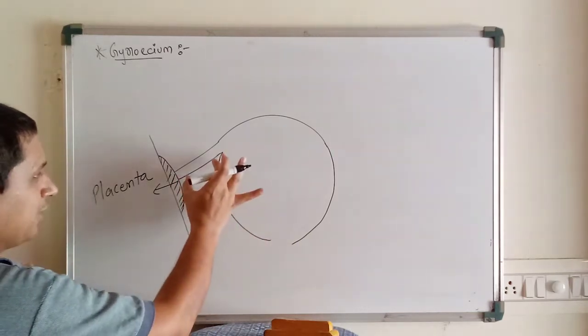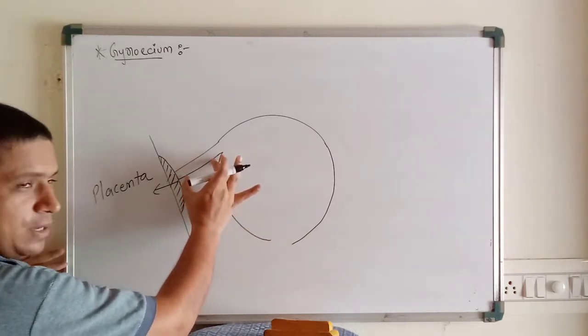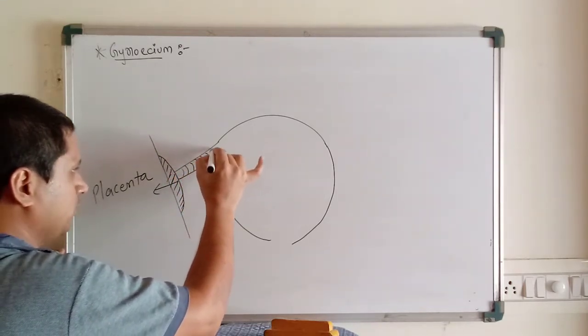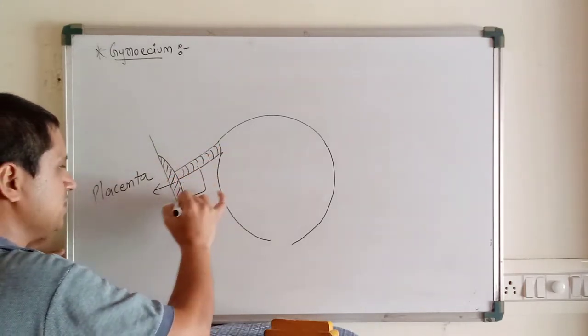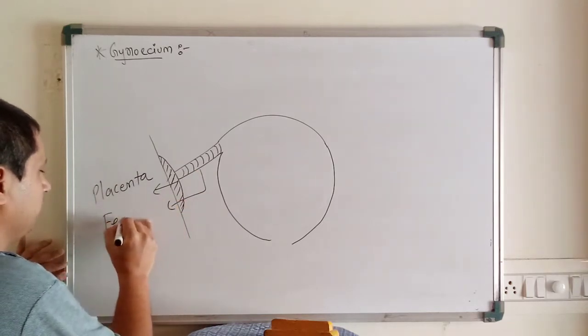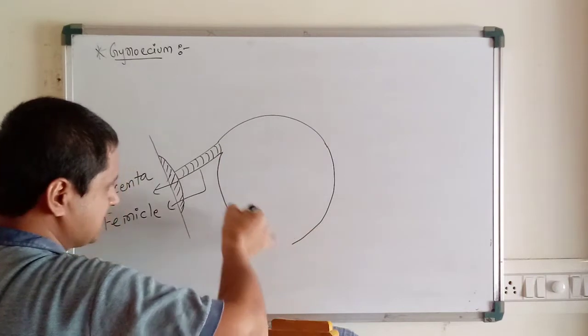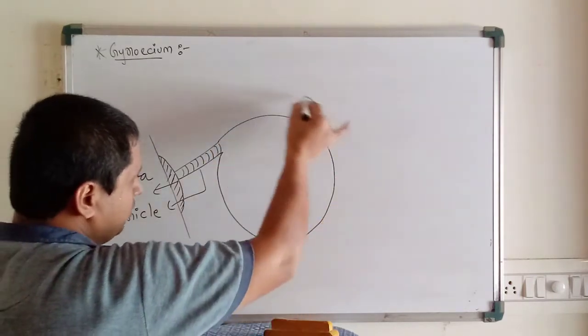The part which is attached to the placenta is known as the stalk, that is the funicle. Whereas the rest of the part is known as the body, children. It is known as what, children? Body.